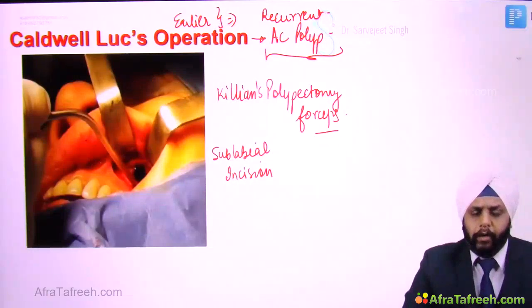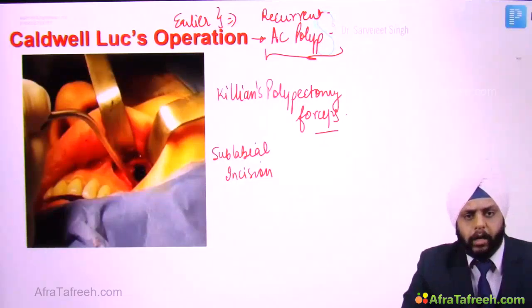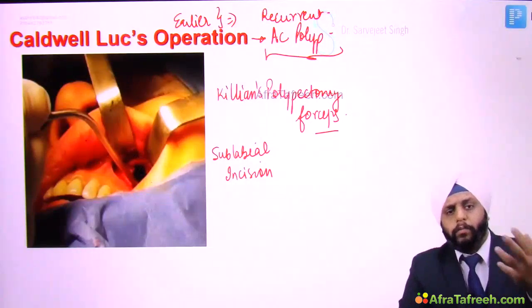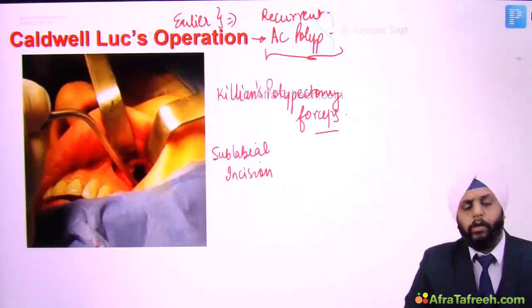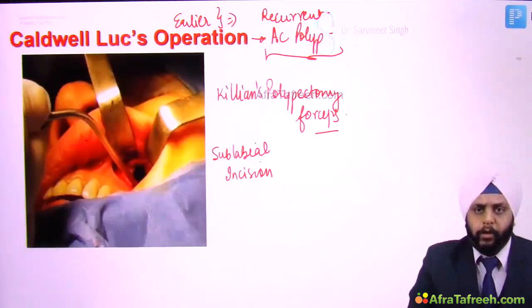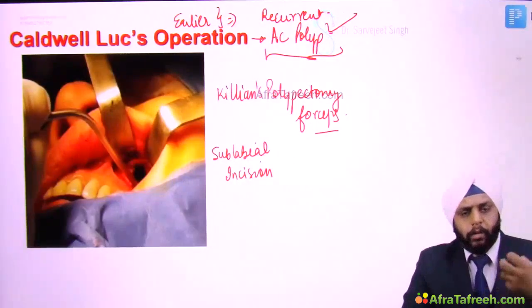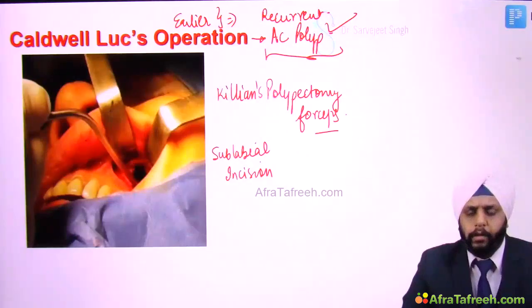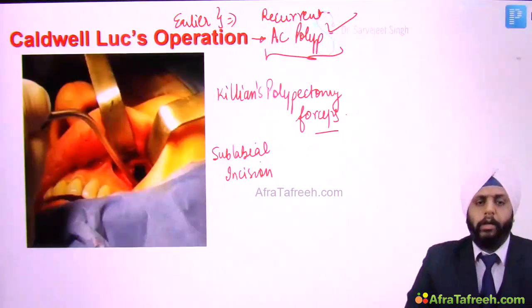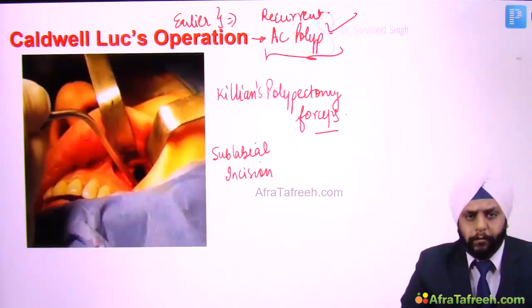Now in this Caldwell-Luc operation, this maxillary antrum was opened and then the whole mucosa of the maxillary antrum was removed. So no mucosa, no polyp formation. That was the belief. So you remove all the mucosa from the maxillary antrum. That's known as Caldwell-Luc operation done for recurrent AC polyp. Nowadays, we don't do it for AC polyp.